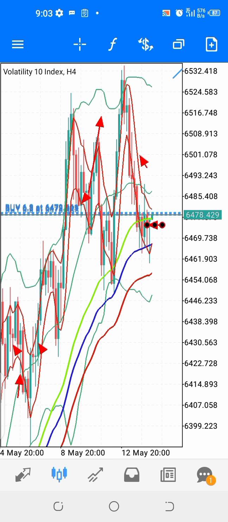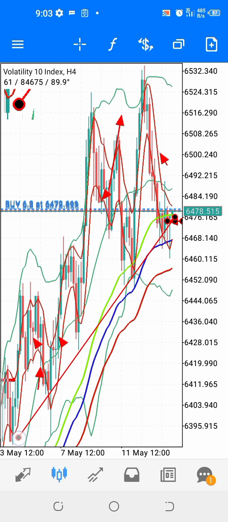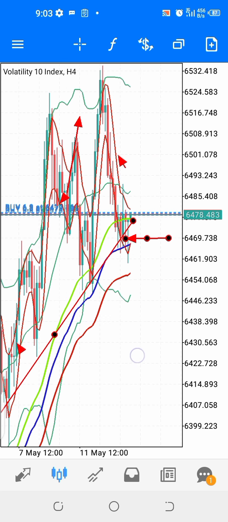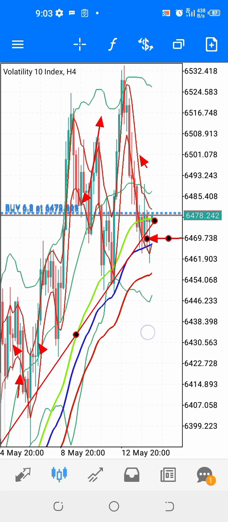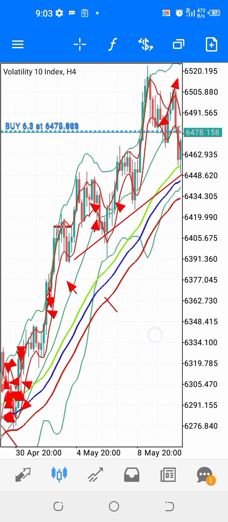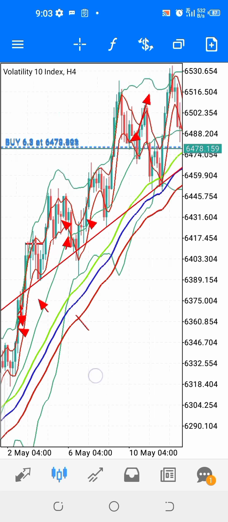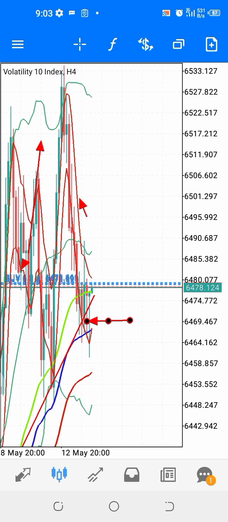For instance, this zone is a psychological zone because it coincides with the trend line. I just drew a trend line, and you can see that these candlesticks were formed around it, touching the trend line. That makes that zone a psychological zone for me.